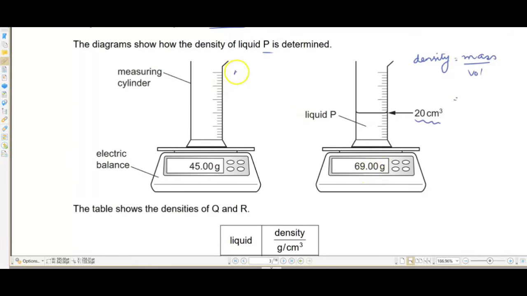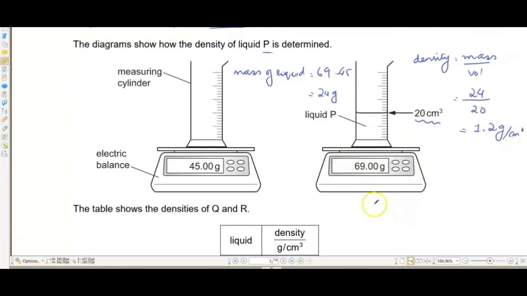So the mass of the liquid is going to be the total mass subtracting the mass of the measuring cylinder. So 69 minus 45 is going to give us 24 grams. If we substitute this in the formula, it's going to be 24 over 20, which gives us a density of 1.2 grams per centimeter cubed.